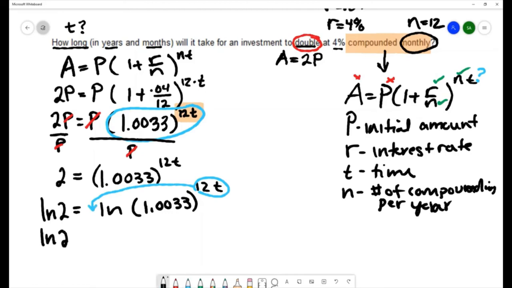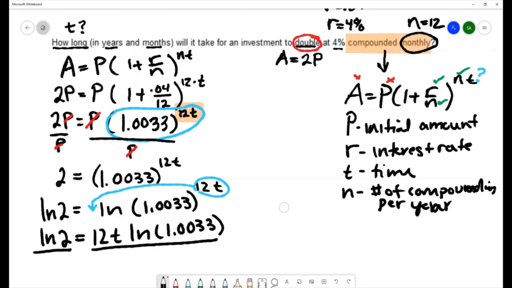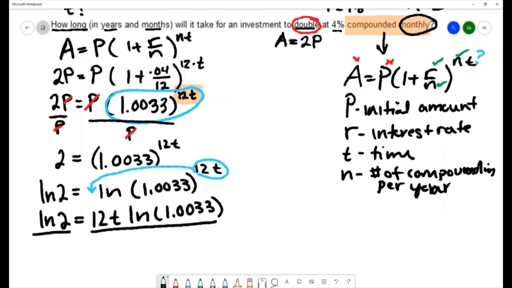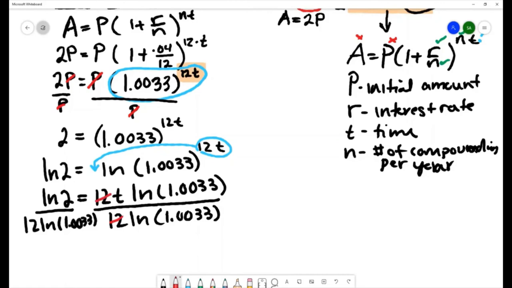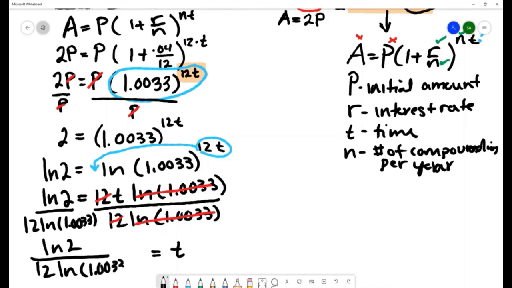I have natural log of 2 equals 12t times natural log of 1.0033. Then I would divide both sides by everything except for t, so 12 natural log of 1.0033. That cancels out the 12s and the natural logs, and I have t equals natural log of 2 over 12 natural log of 1.0033.